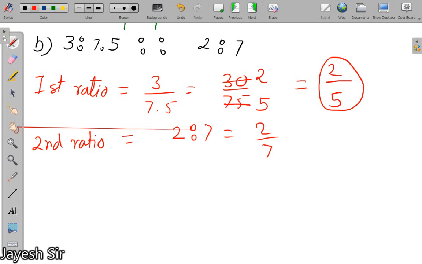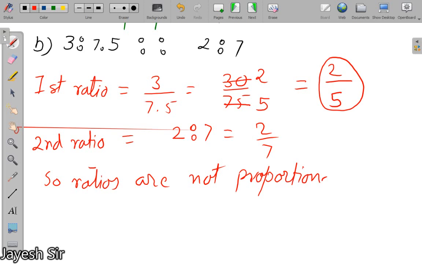As we can see, both the ratios are not equal, so they are not proportional. Ratios are not proportional.